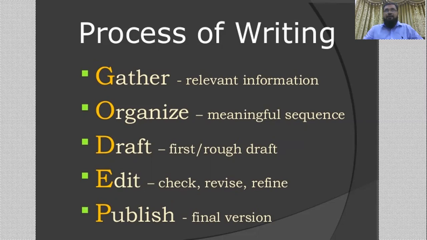When you are given a topic like cleanliness, you will collect all relevant information on a piece of paper. Organize, meaningful sequence. Then you plan how you will put the opening sentence, then how you will organize step by step. Then draft. You will write a rough draft, first draft.